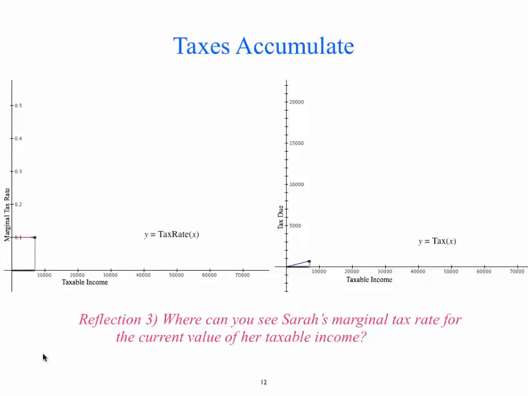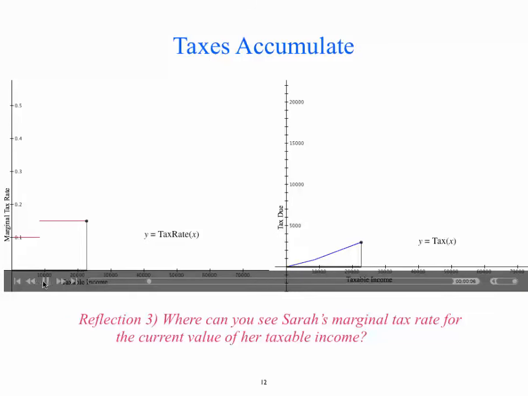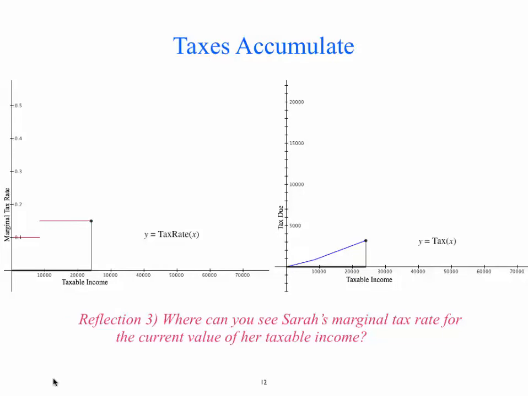So if I were to pause it right now, her current value of taxable income is something like 23,000. Where would you look on this screen to find the current marginal tax rate? Right. Yeah. And so you're looking at the y-axis on the left graph, right?